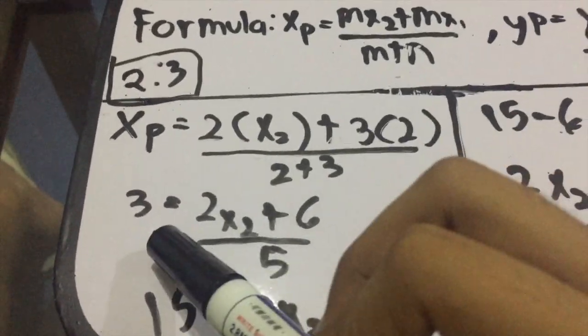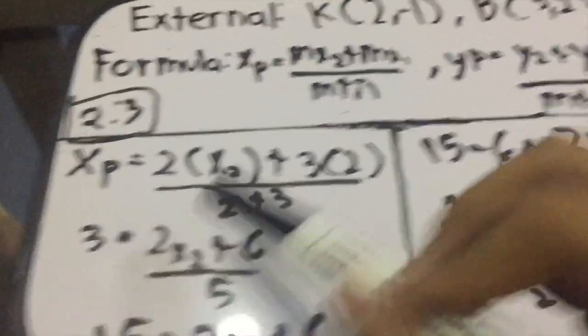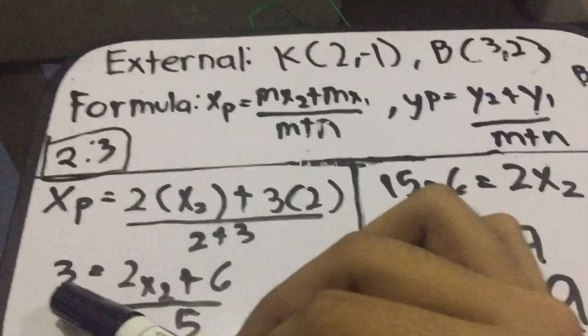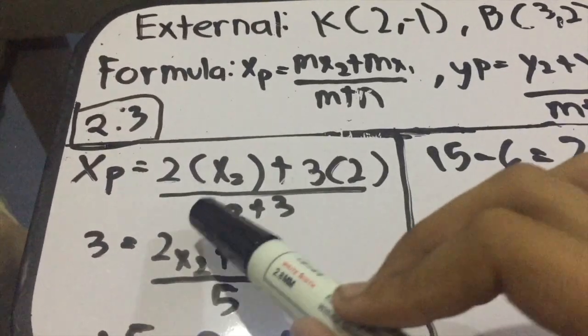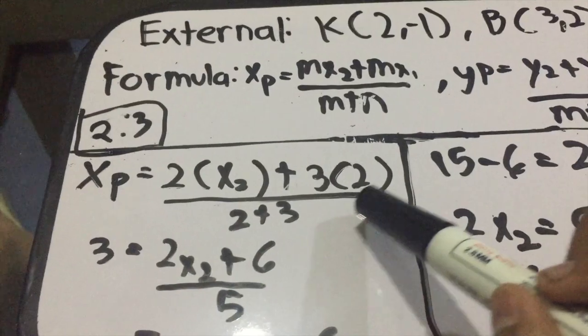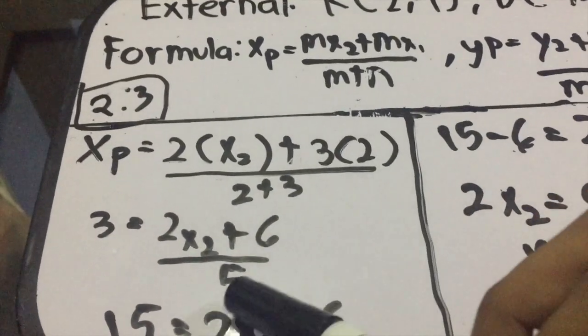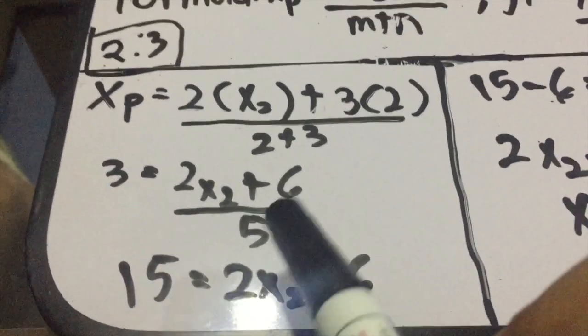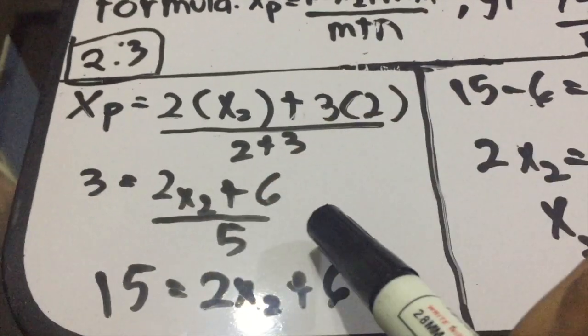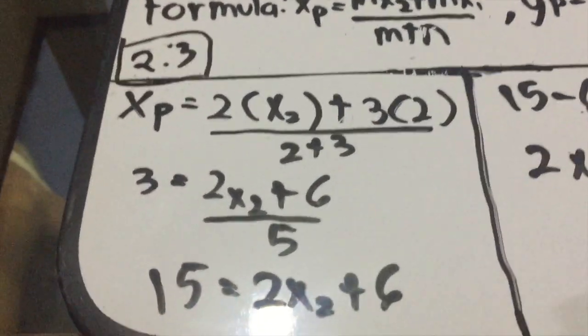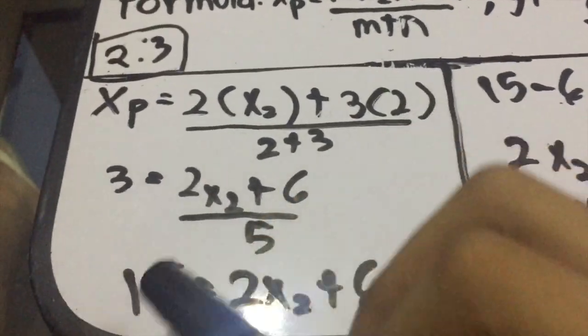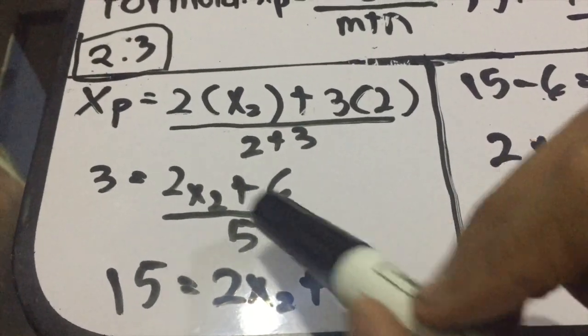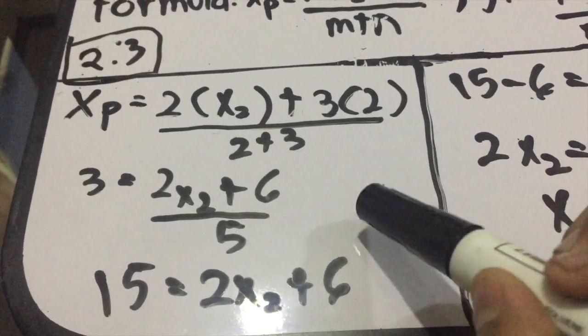So the 3 over here is in the point B, which is our x sub p, which we substituted, and 2x sub 2 plus 6, we just multiply them, and 2 plus 3 is equal to 5. Now for this one, we will just multiply both sides by 5. So 5 times 3 is 15, and this is 2x plus 6.